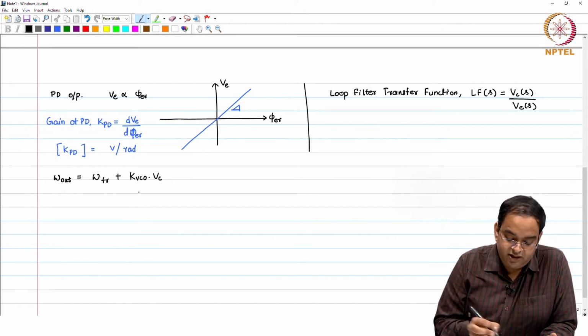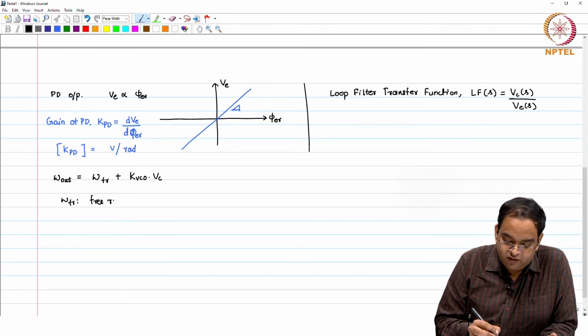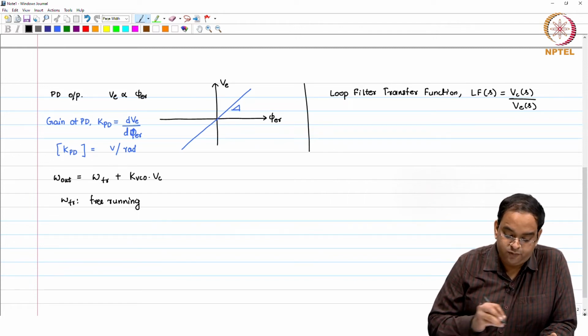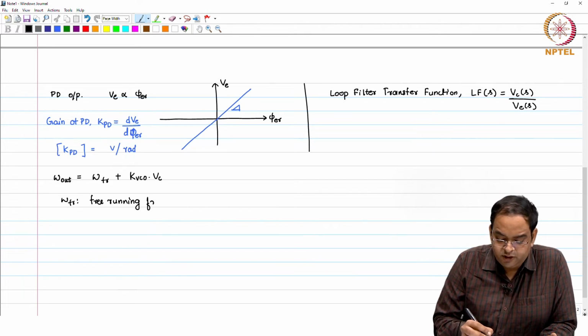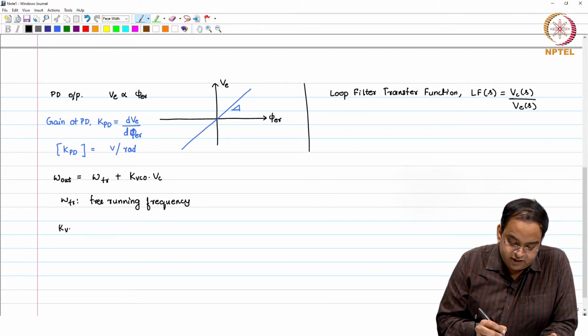Every term has a meaning here. Omega free is the free running frequency of the oscillator. The oscillator is a block which generates these sinusoidal outputs, and K_VCO is the gain of the oscillator.